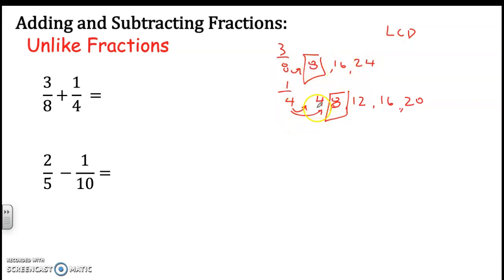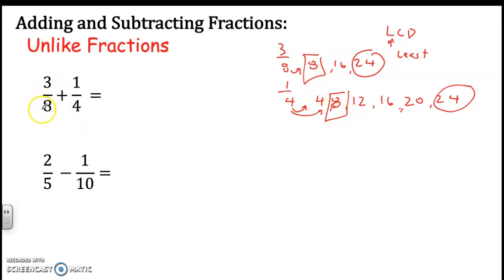In the 4s, I got 4, 8, 12, 16, 20. My next number will be 24. Look at this, 24 and 24. It's the same common denominator. Is that the least? L means least. Is that the smallest out of all of them? No, the 8 is the least common denominator. So my common denominator in this case will be 8.